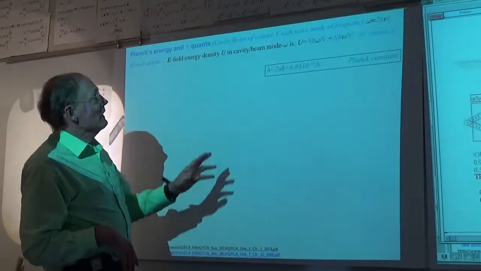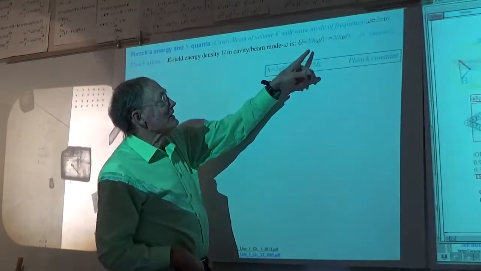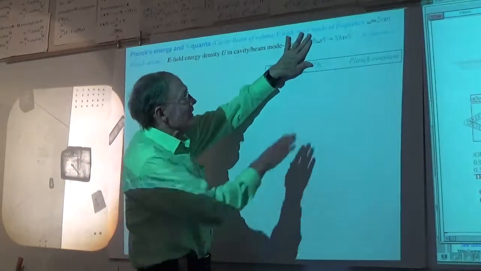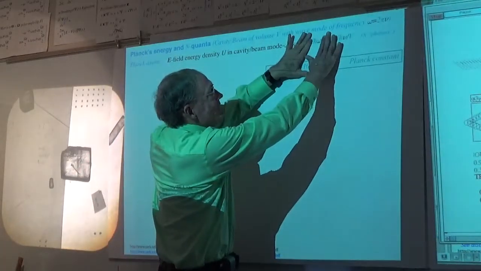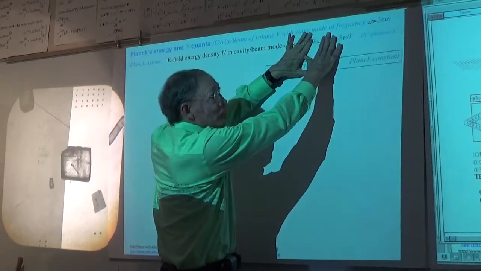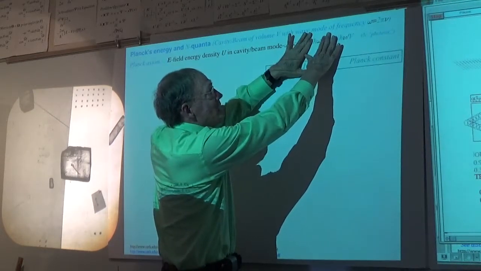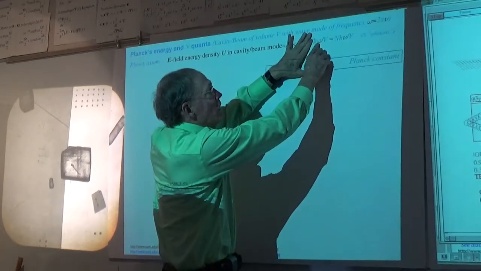Anyway, the idea was that this would be the smallest amount of energy per cubic meter that you could have in a box of light of frequency omega.